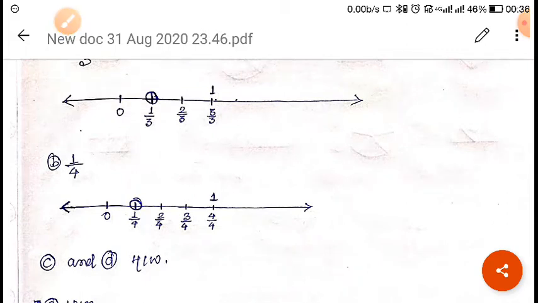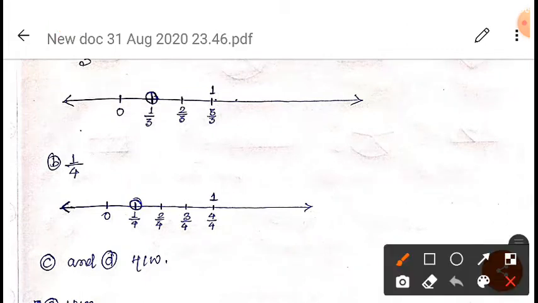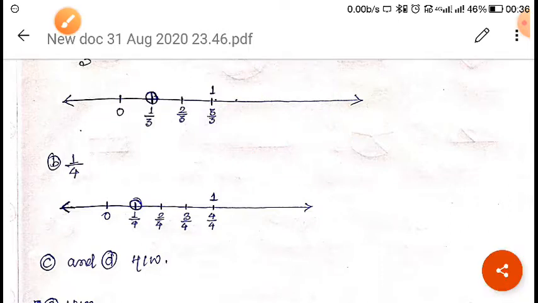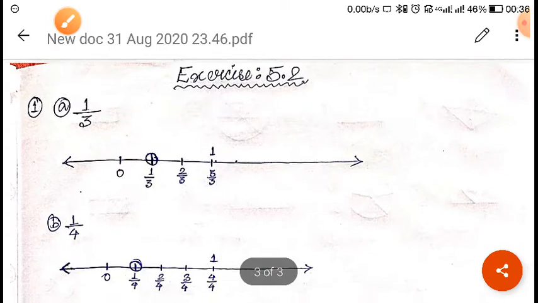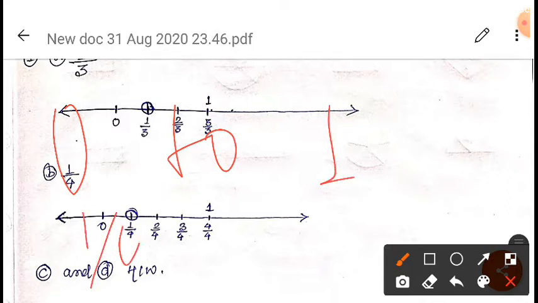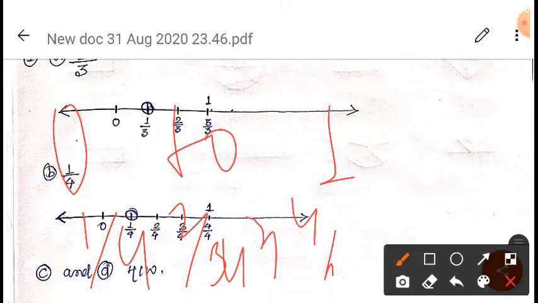Now for 1 by 4. If 4 is written, how many boxes will be there? The total number of boxes will be 4. So from 0 to 1 there will be 4 parts: 1 by 4, 2 by 4, 3 by 4 and 4 by 4, right?